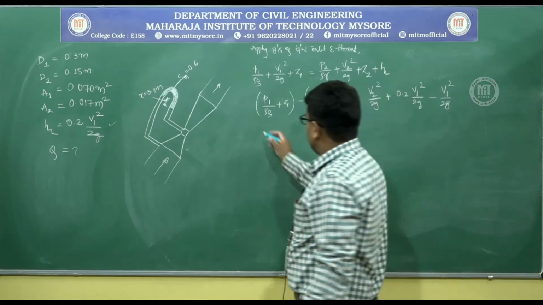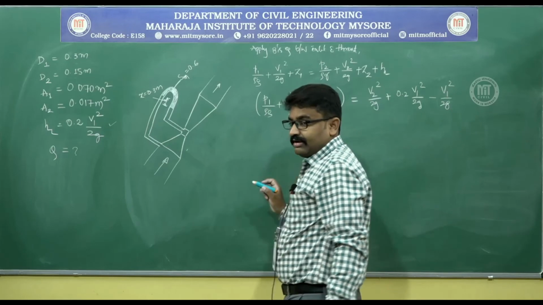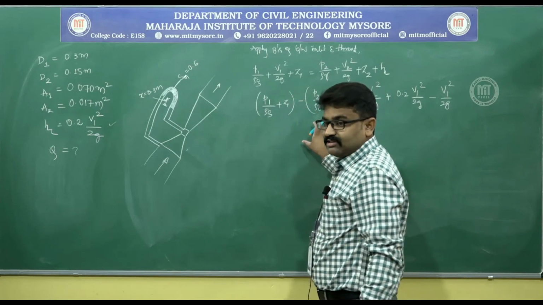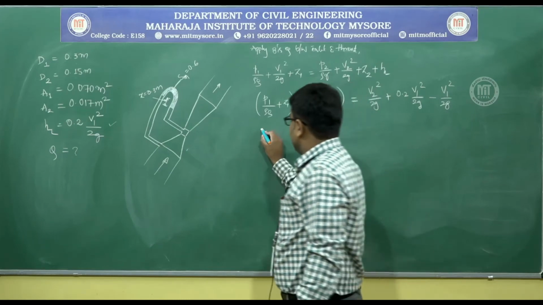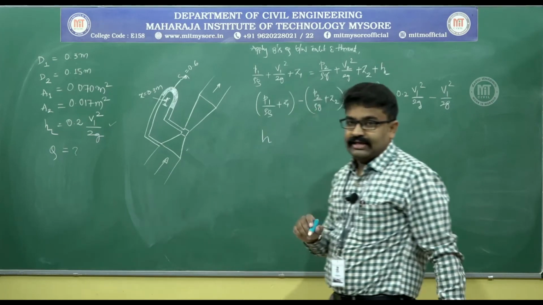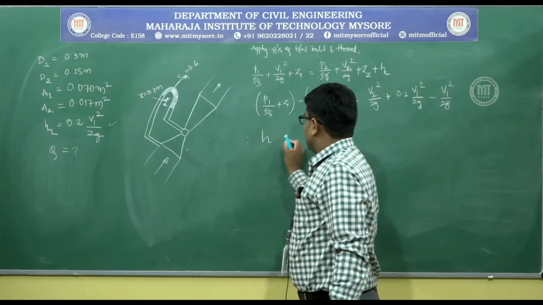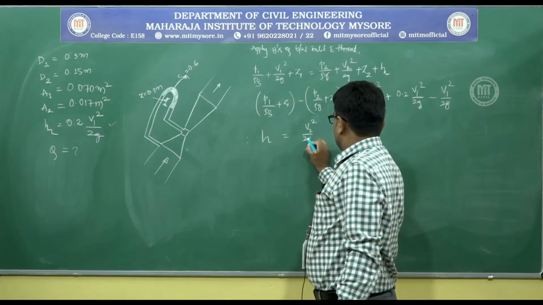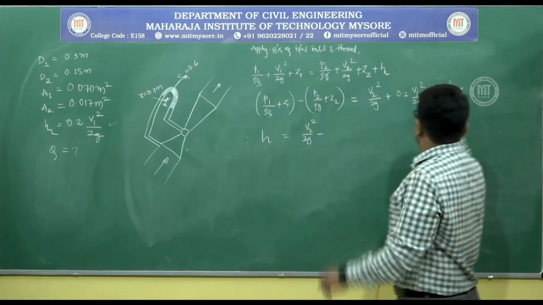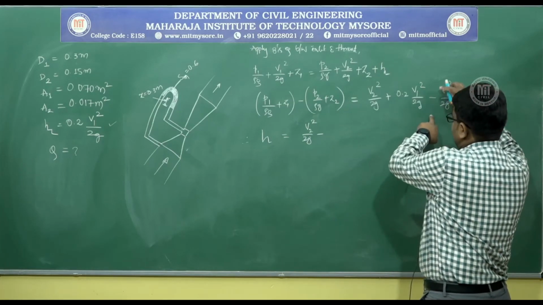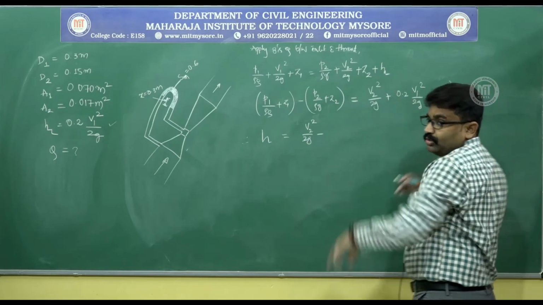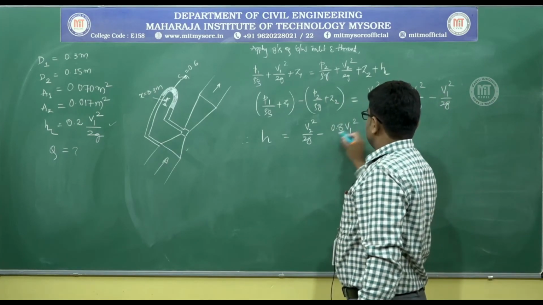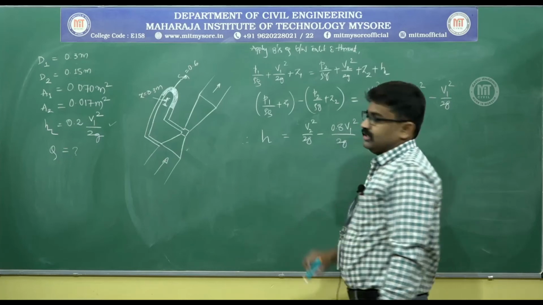Since for an inclined venturi meter, P1 by rho g plus Z1 minus of P2 by rho g plus Z2 is H, write that as H. Therefore H is equal to V2 square by 2G minus V1 square by 2G, this is like minus 1 plus 0.2. So this becomes minus 0.8 V1 square by 2G.